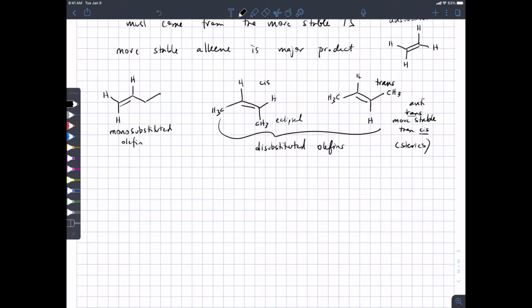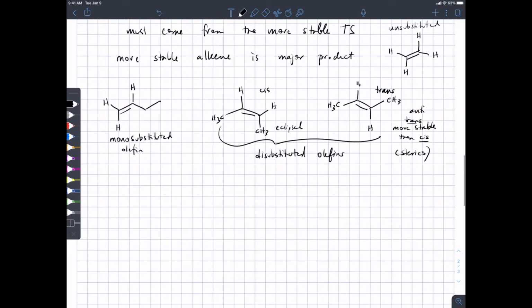All right. Now we need to talk about mono versus di substituted olefins. And there's a rule you can memorize from your text, or we can understand the reasoning behind it. The rule is that more substituted alkenes, that is, alkenes where you've replaced more of those protons with hydrocarbons, are more stable.